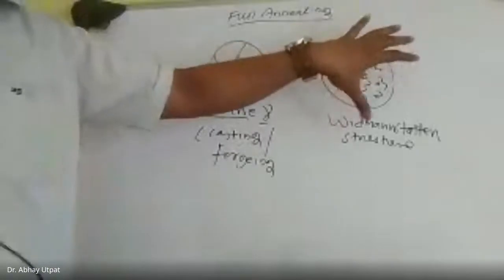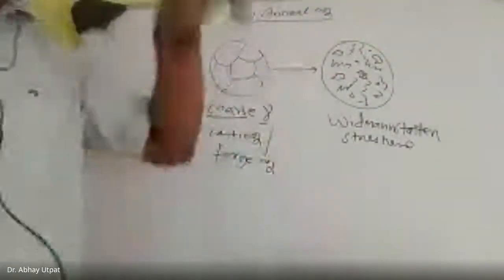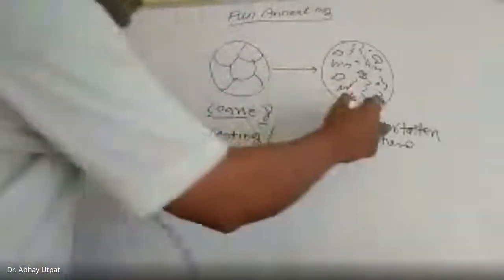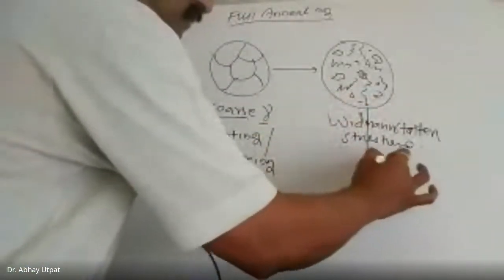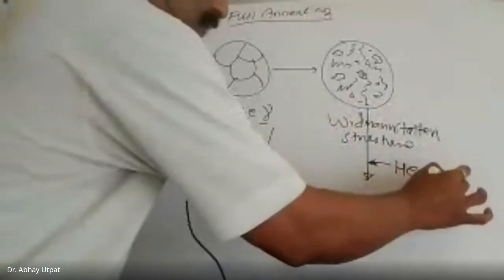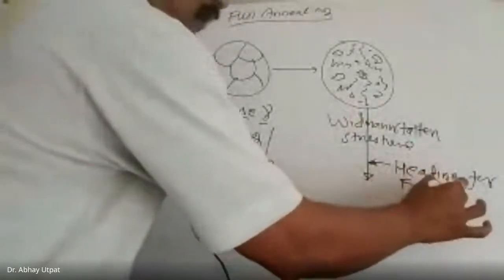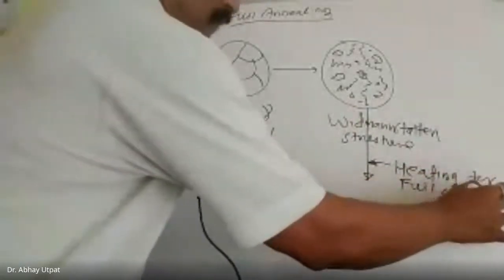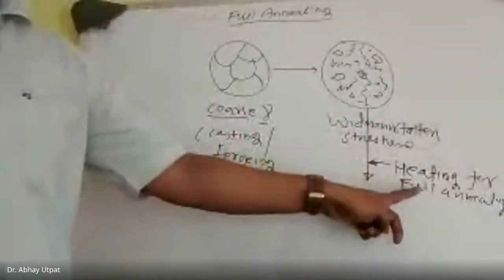This cooled casting you heat once again, and then it will produce austenite again. Heating for full annealing. I hope this is visible.